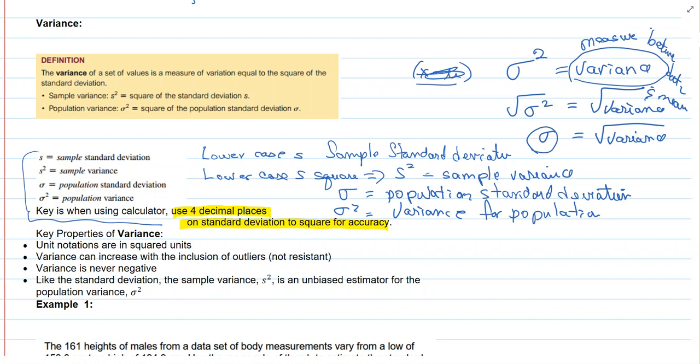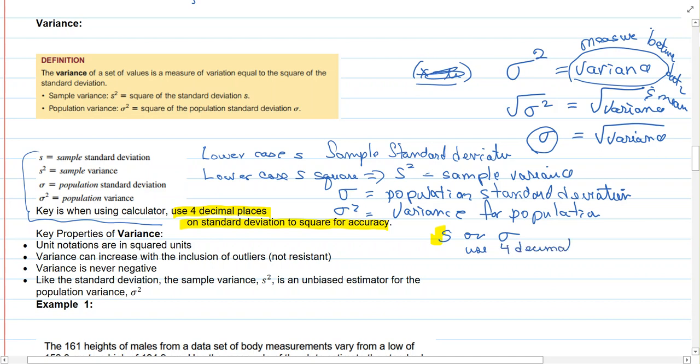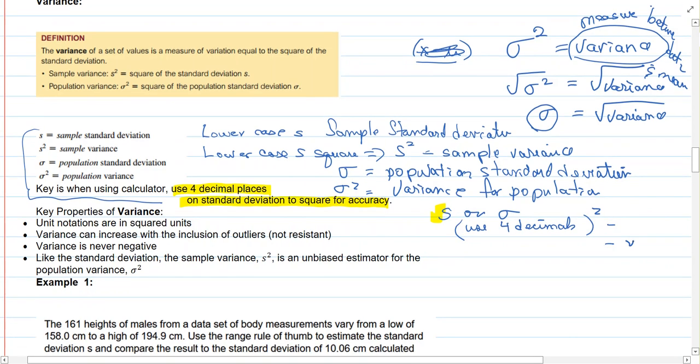So if I have S for theta, I want you to use 4 decimals and then square it to get variance.